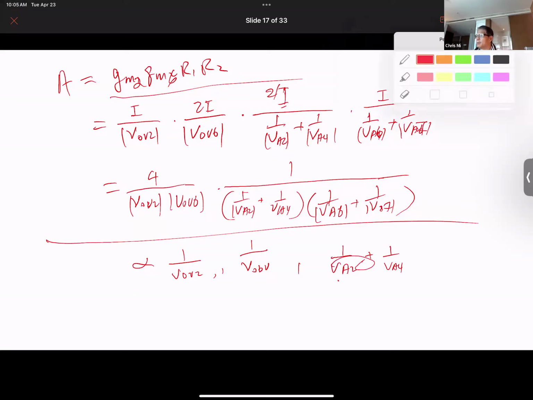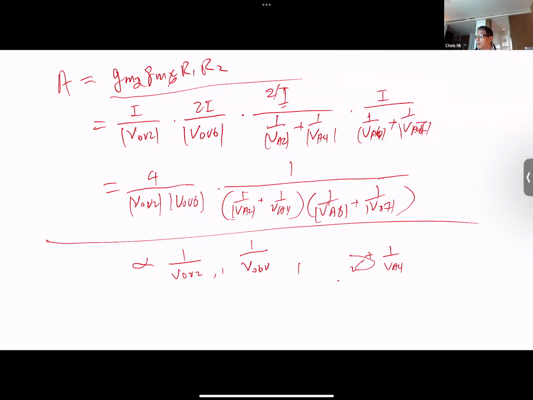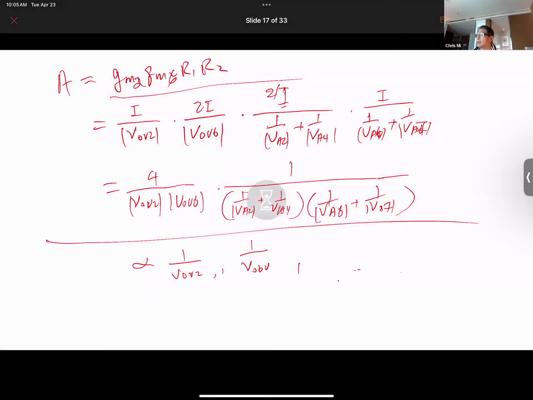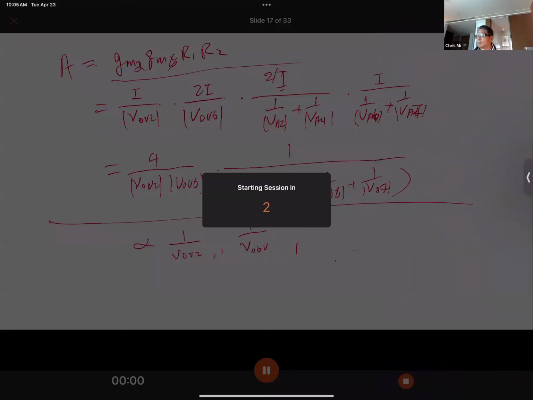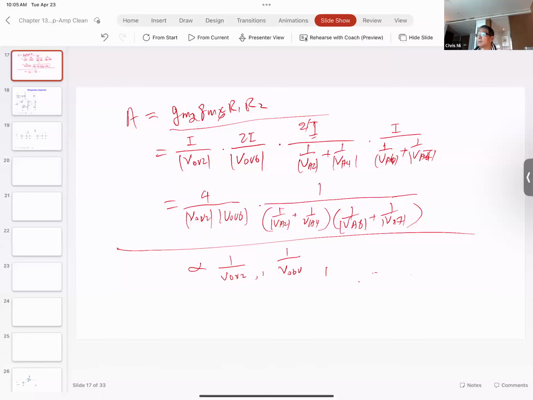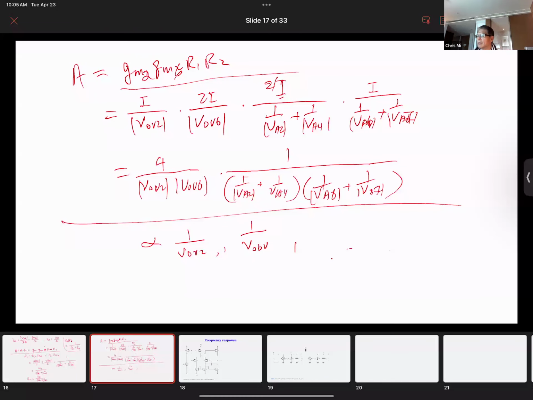It's not purely proportional, but it's really almost proportional to VA6 and VA7.